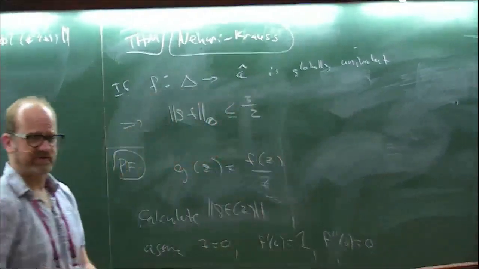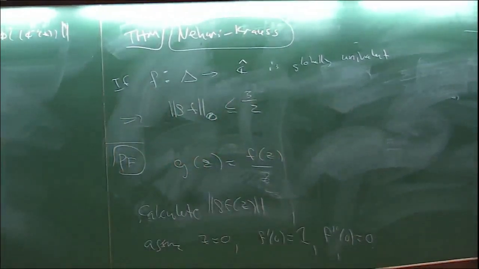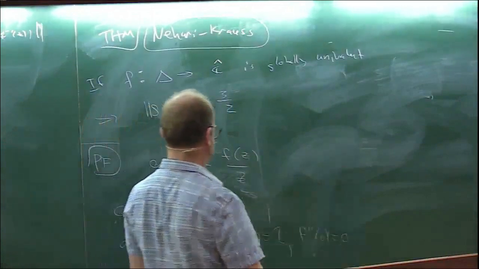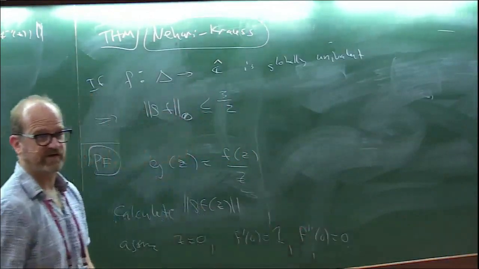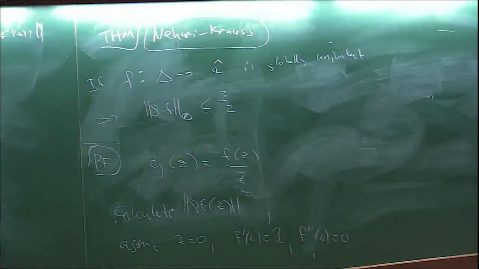I can assume that, using my rules over here, I can assume that my one jet at 0 is the identity.